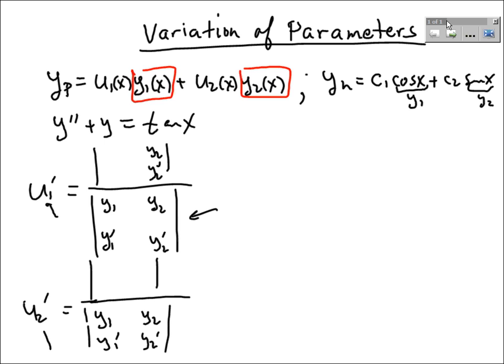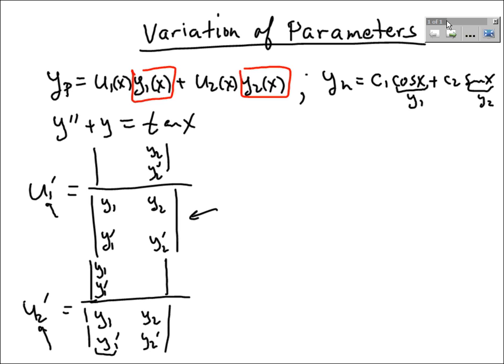When you're solving for u sub 2 prime, the second column will be different. The first column won't change. That is, it won't change from what's beneath it. That is, it'll be y1, y1 prime, just like it was in that first column. So what is the missing column going to be?